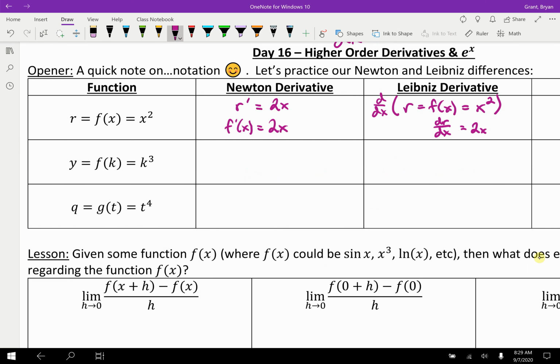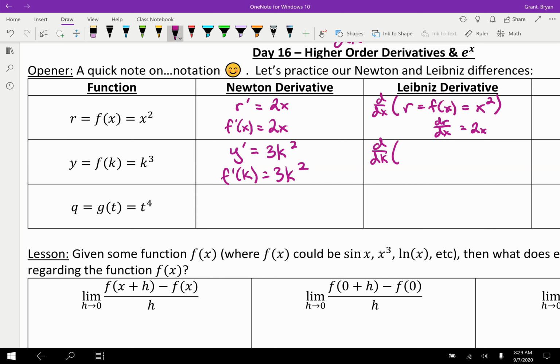Okay, so hopefully you went through and you said something like, ooh, y prime, that's going to be 3k squared, right? 3 comes down, reduce the power by 1. Or you could say f prime of k equals 3k squared. How do you show taking the derivative? Well, our independent variable is k, so we want to take the derivative of the whole equation with respect to k.